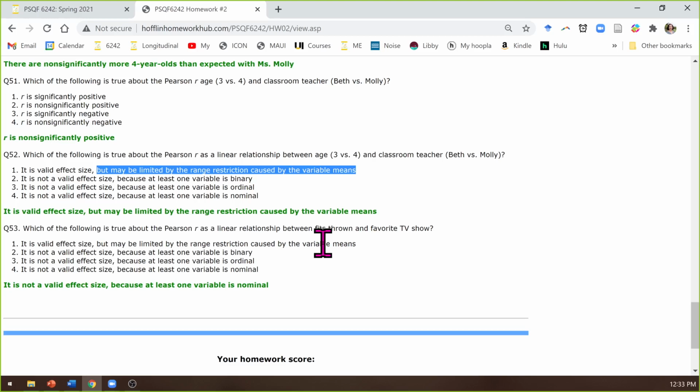So only when both variables have a mean that is 0.5 is there a possible maximum Pearson correlation of 1 the way they're supposed to be. Otherwise, it's going to be some value less than 1. So that was the idea that I was trying to convey with this first answer here. So in practice, a Pearson correlation is a valid measure of effect size between 2 binary variables, but it's not an ideal one.